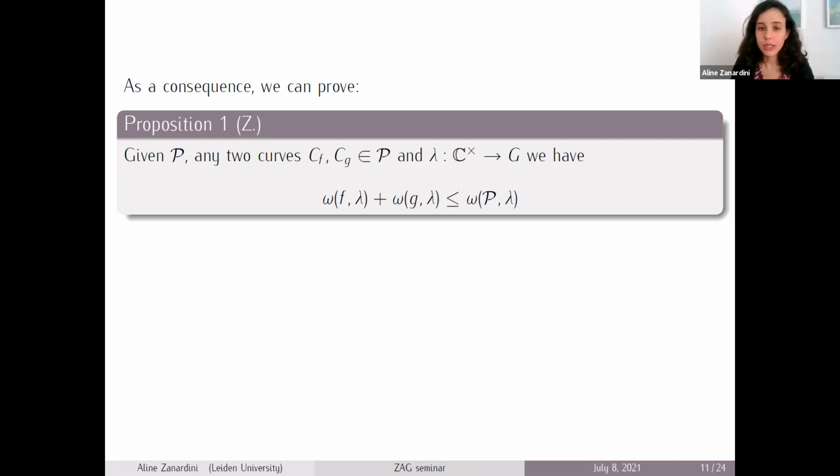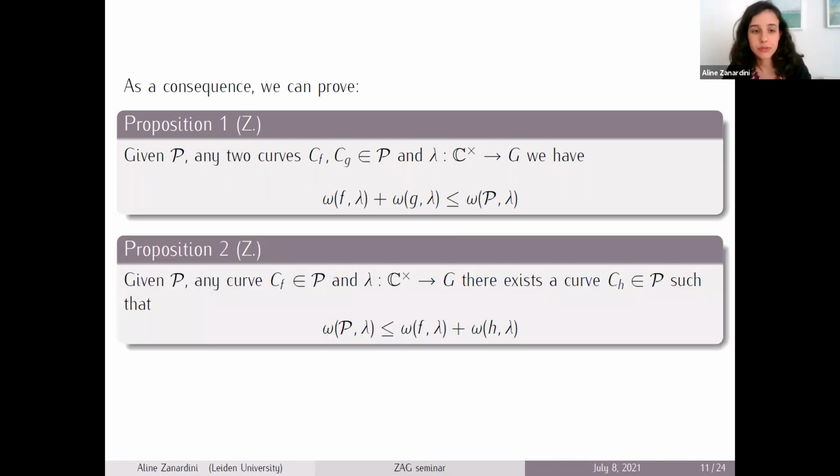And I can also show a sort of the opposite. I can also obtain an upper bound as follows. So that's the content of the next proposition. Now I start with a pencil and I choose one curve on it and the one-parameter subgroup. Then I can show that there exists another curve on the pencil such that now I have an upper bound for the omega of P, and it's given by the sum of the two omegas for the curves.